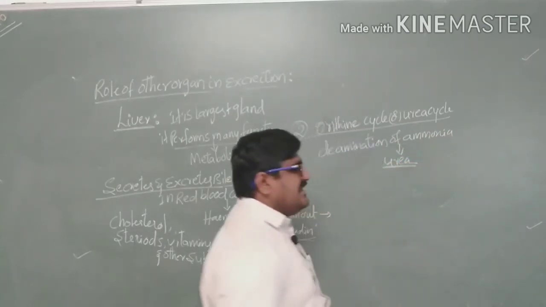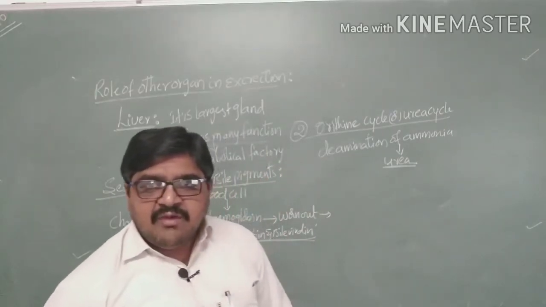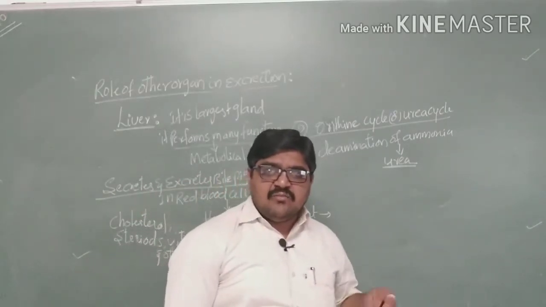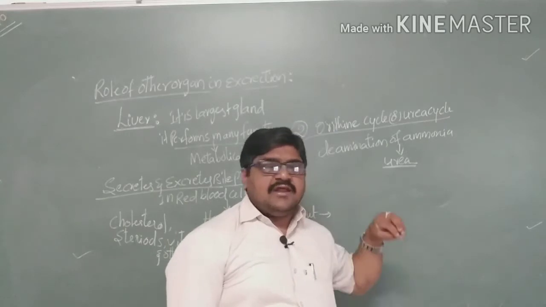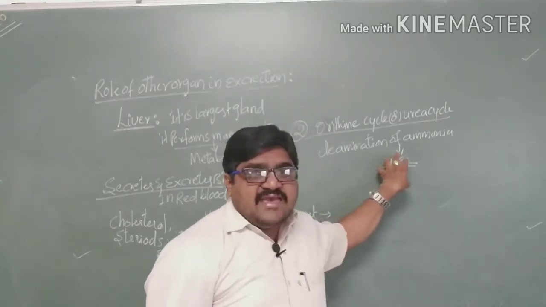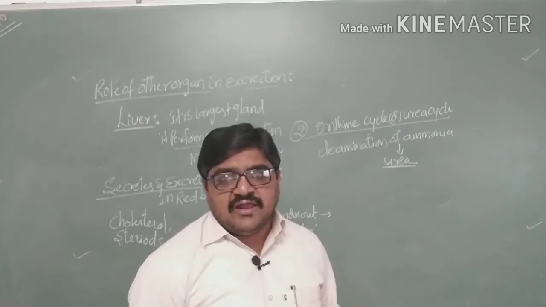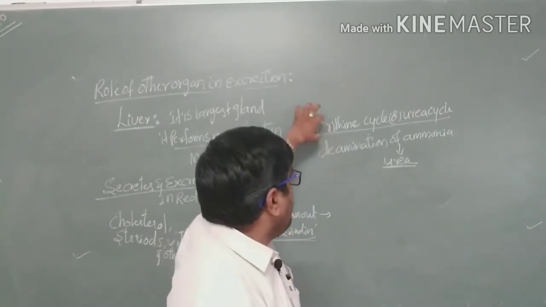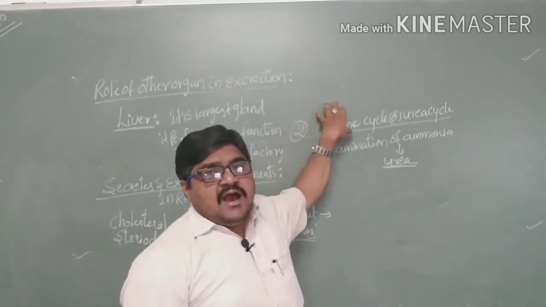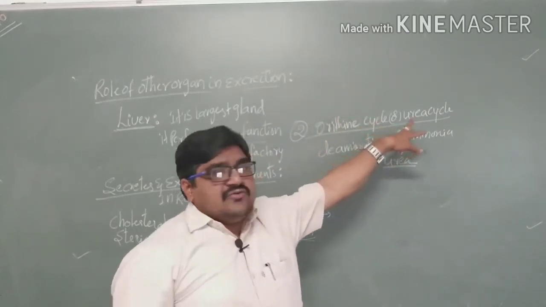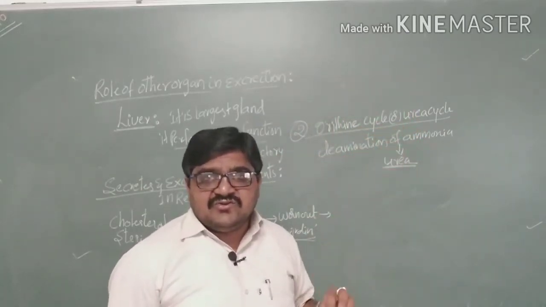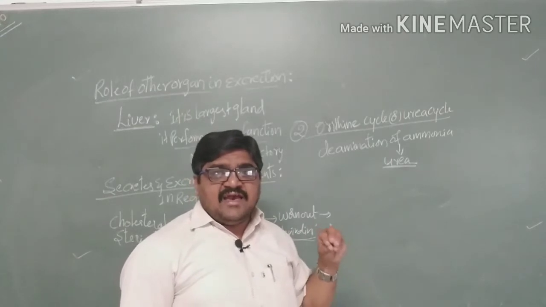Why? Because ammonia is highly toxic. By removing an amino group from ammonia, it is converted into urea. Urea is also a toxic substance, and it is excreted outside from the body through the ornithine cycle, or urea cycle, which was introduced by Krebs and Henseleit.